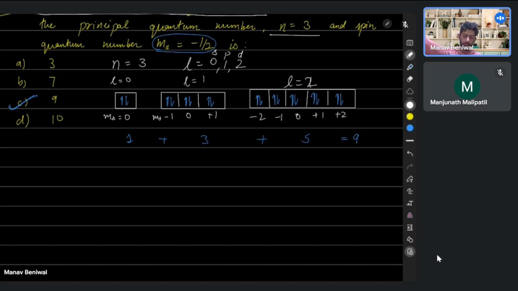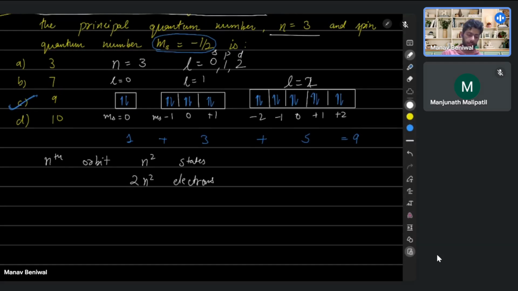So alternatively, we solved one problem previously where we found out that for any nth orbit, there are n squared degenerate states, and each state can have 2 electrons. So there will be 2 n squared electrons, correct?